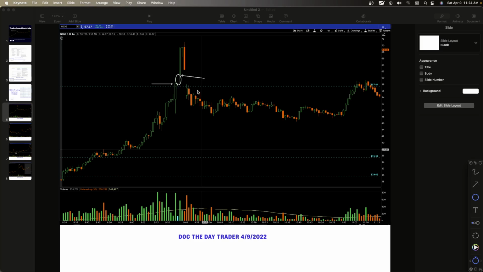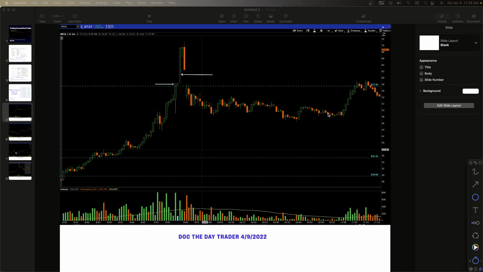So when it opened back up there, this is one of those strategies that we were talking about. Okay, that's the gap we were looking to get filled, and that's the gap fill strategy, right?